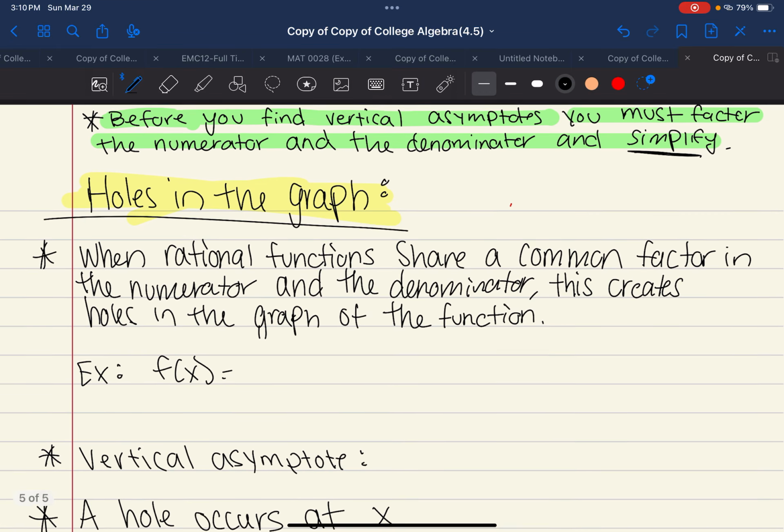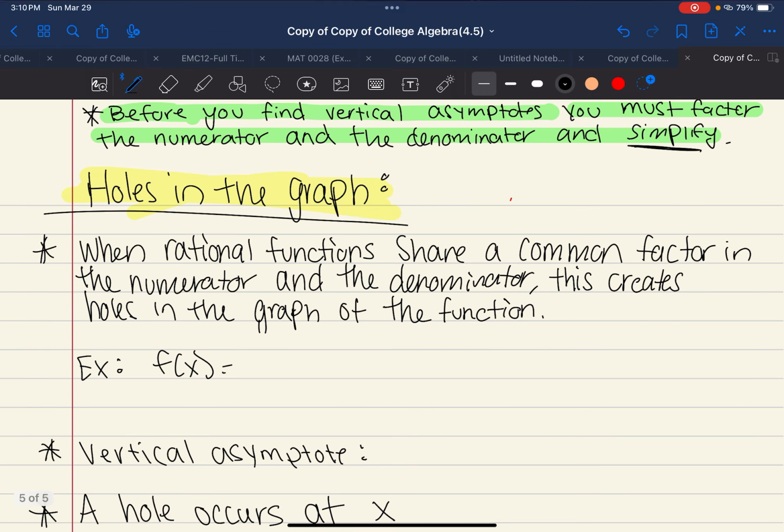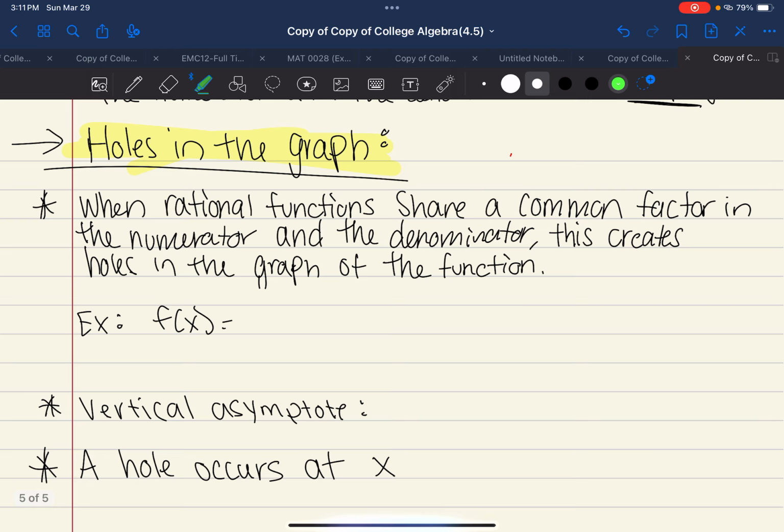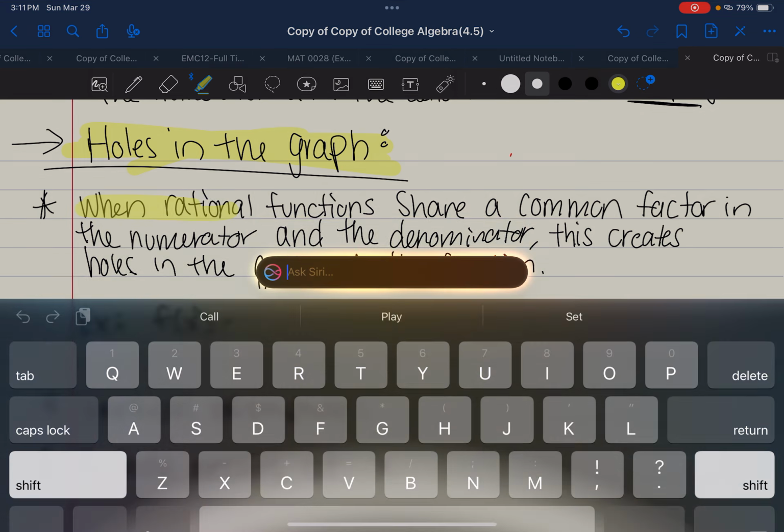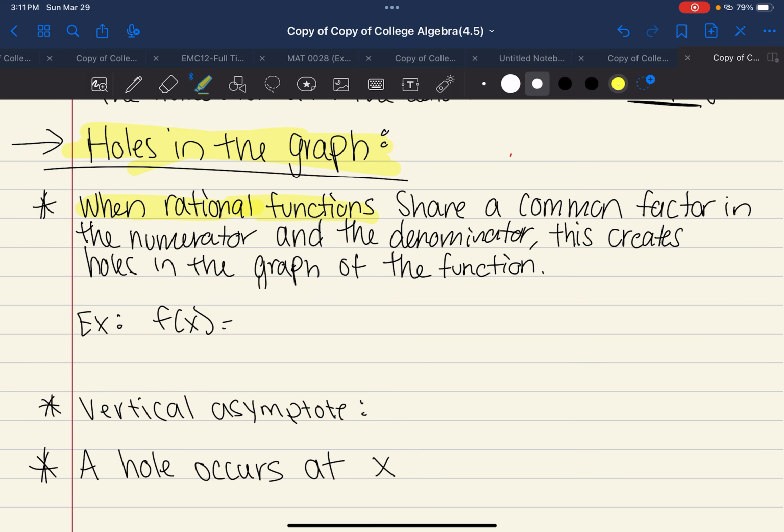So when you have a common factor in the numerator and the denominator, besides a constant, and it can be simplified, this creates holes in the graph. So when rational functions share a common factor in the numerator and the denominator, this creates holes in the graph of the function.